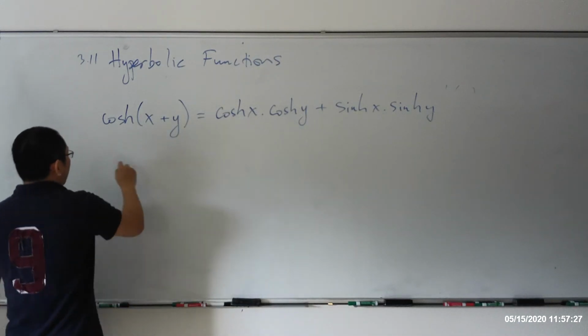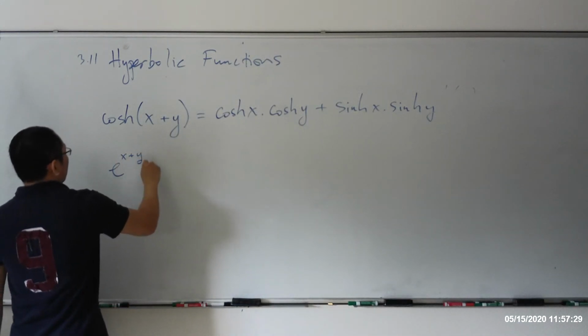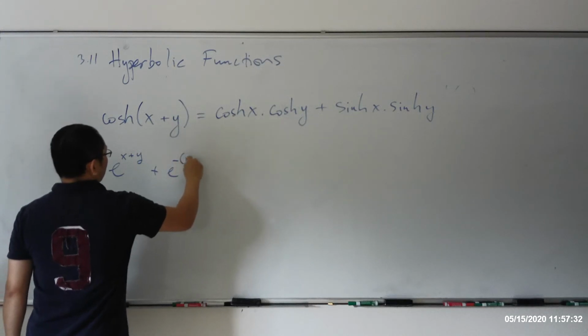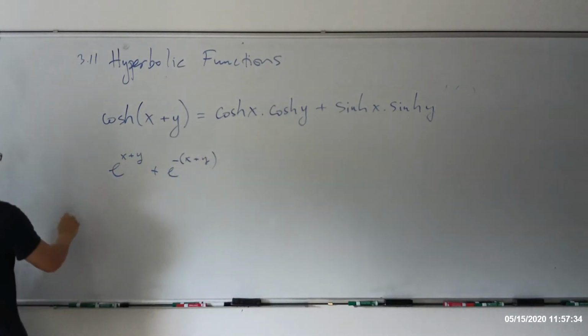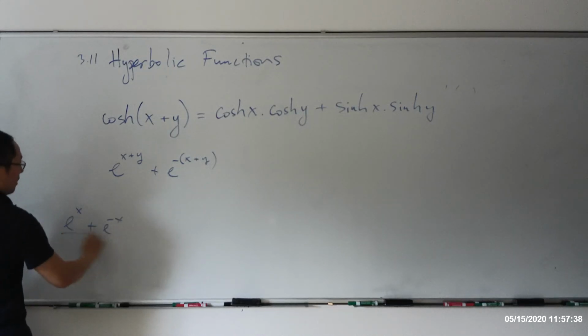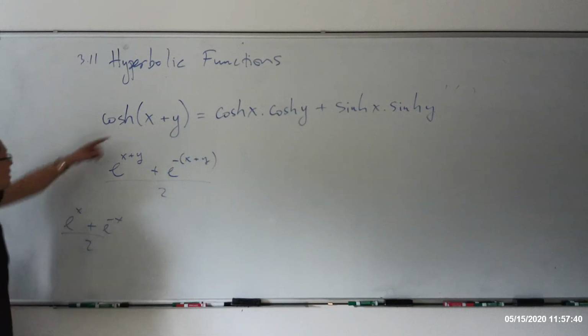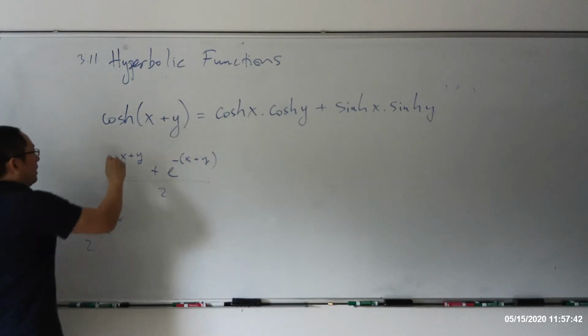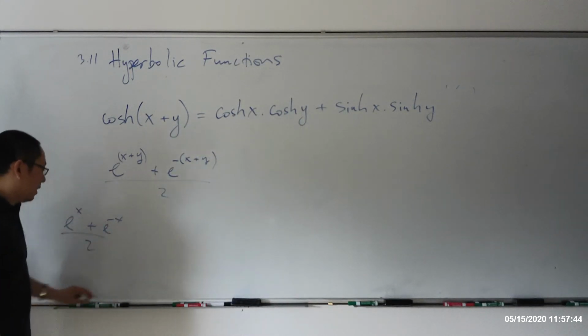Cosine of x plus y is e to the x plus y plus e to the negative of x plus y, over 2. Remember the definition? E to the x plus e to the negative x over 2. So this is x plus y, and negative of x plus y, over 2.